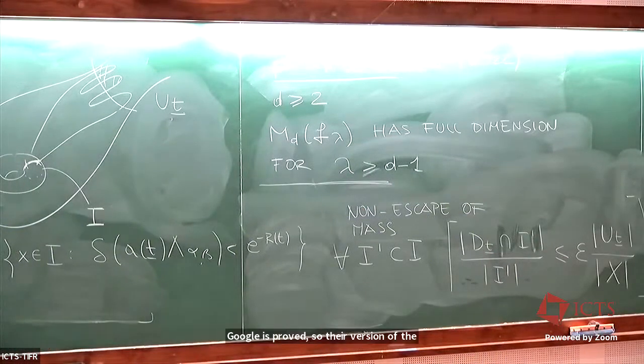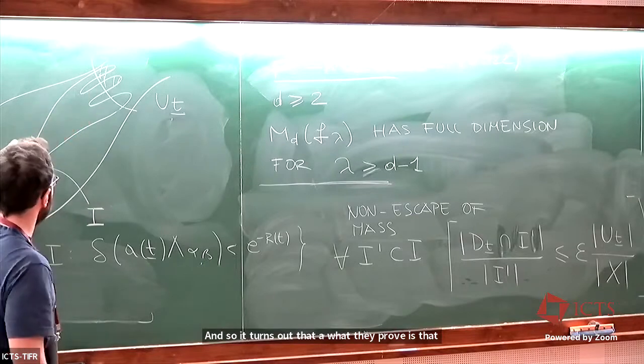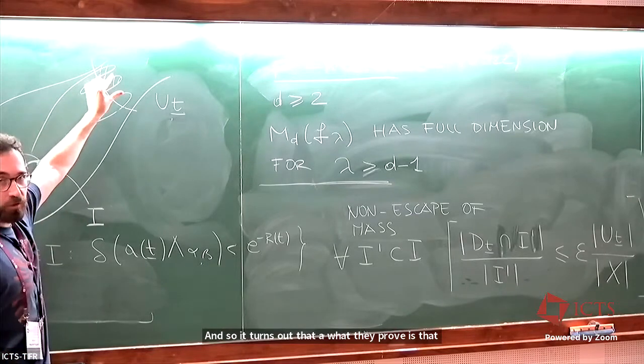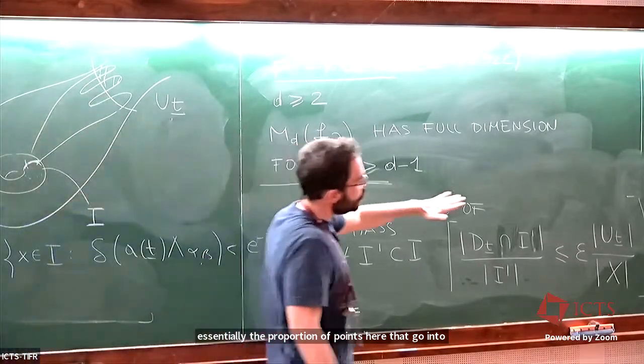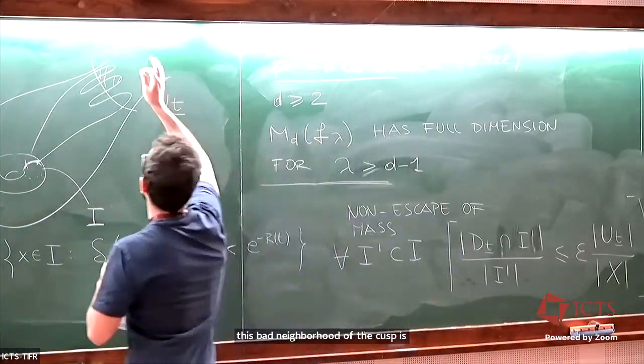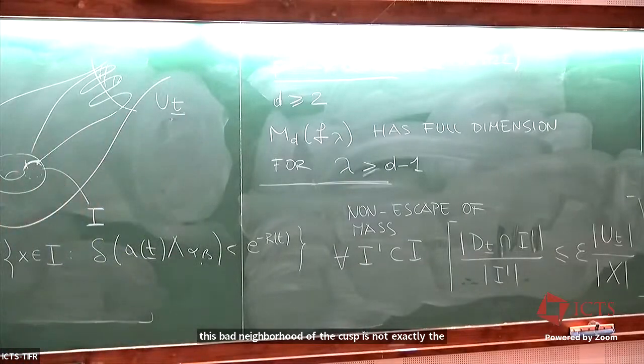It turns out that what they prove is that the proportion of points here that go into this bad neighborhood of the cusp is not exactly the volume of this neighborhood, but the volume to some exponent alpha.